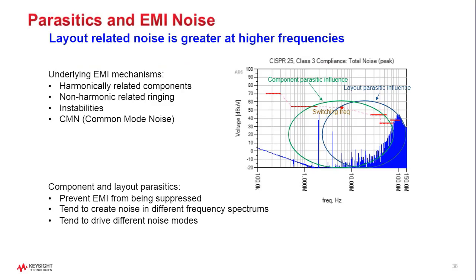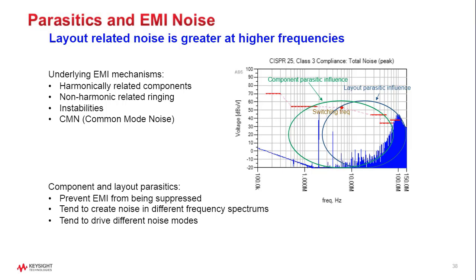Why are parasitics so important? Number one, as I referred to earlier, in this high di/dt era, L di/dt is going to kill us when the current slew rate is in the 1 amp per nanosecond time frame.